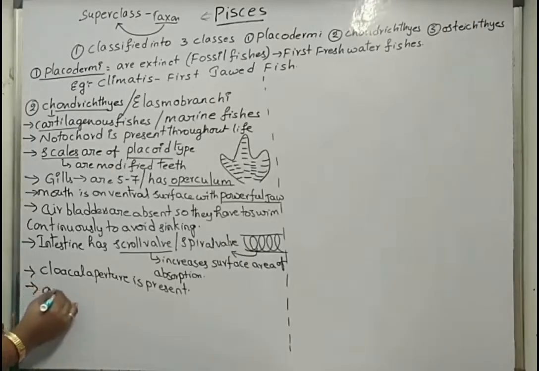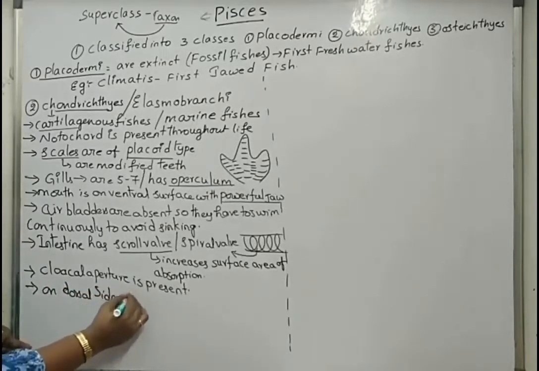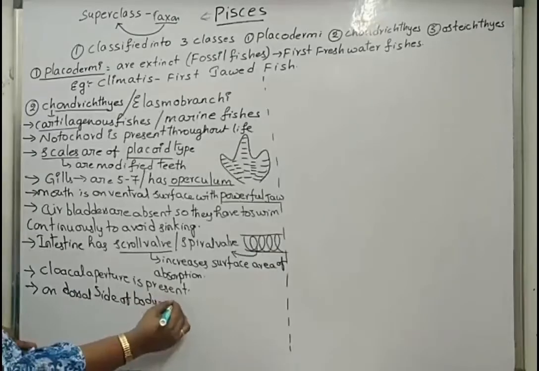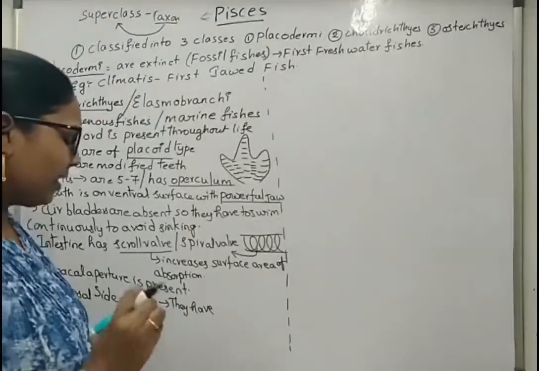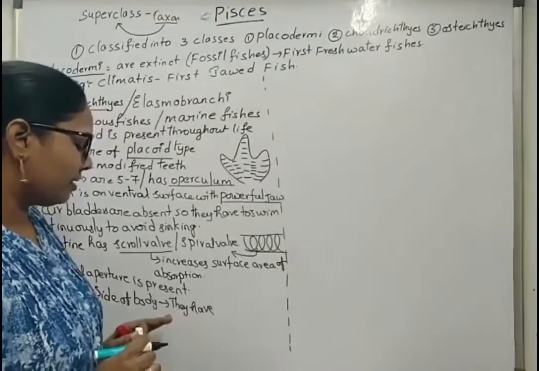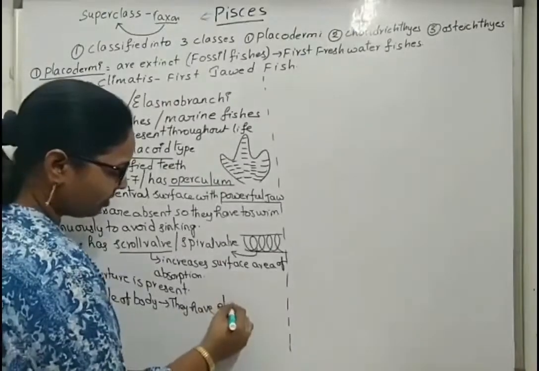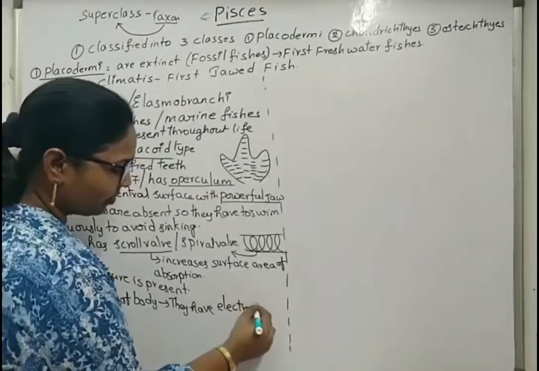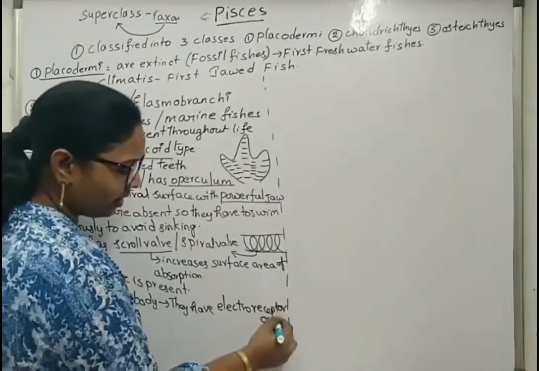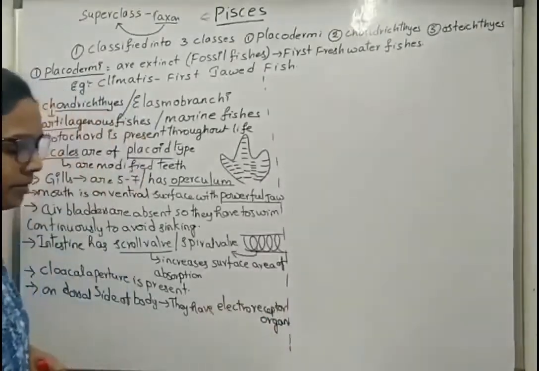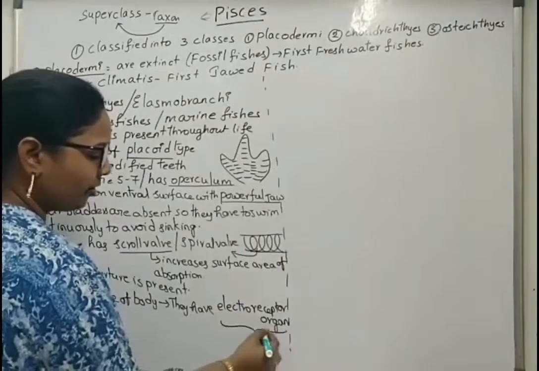On the dorsal side of the body, they have it, and it produces some electricity that is sometimes used as a defense mechanism by fishes. They have an electroreceptor organ.